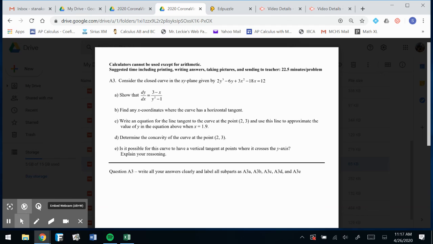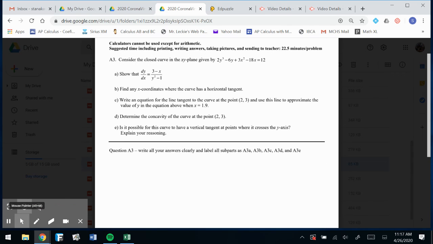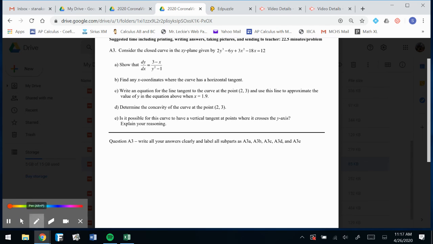All right, consider the closed curve in the xy plane given by 2y to the third, and so on. Show that dy/dx is equal to, okay, so really what we're going to do is find the derivative. It's got some y's in it, so we're going to find the derivative implicitly. So here we go.